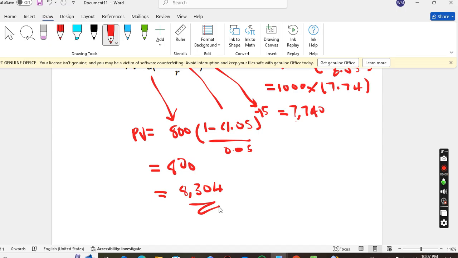So, which option would you pick? We'd pick the 800 for 15 years.